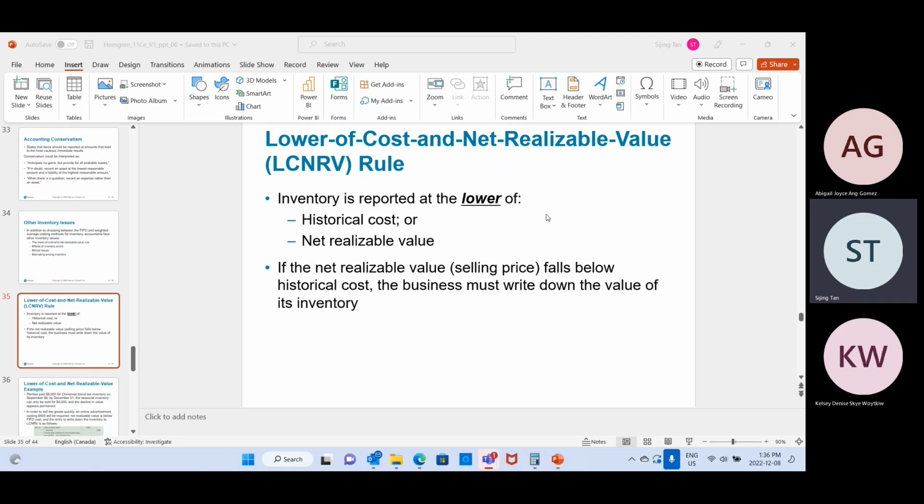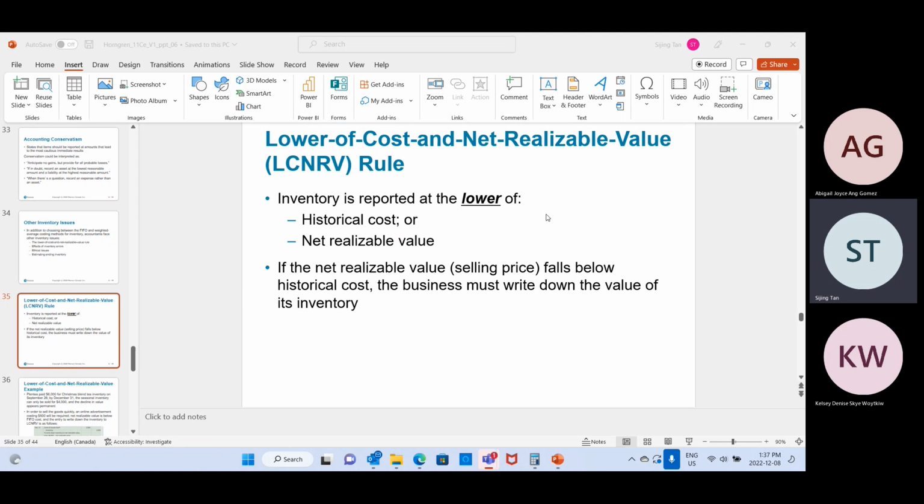what can I consider good examples? Just simply for example, like the tea boxes we just had for FIFO and weighted average cost, right? For example, if the tea box is selling at $25 for Christmas time, but the cost per tea box was $30, you can see that it goes down $5, right?